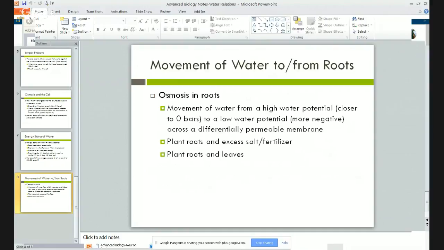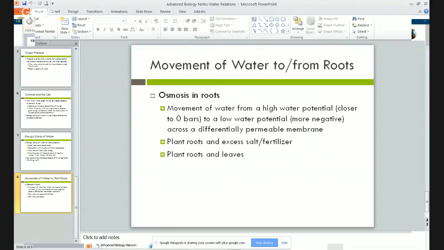So with your plant roots and leaves, let's talk first plant roots to leaves. Your stem has to have a higher water potential than your root in order for the water to travel up the stem.